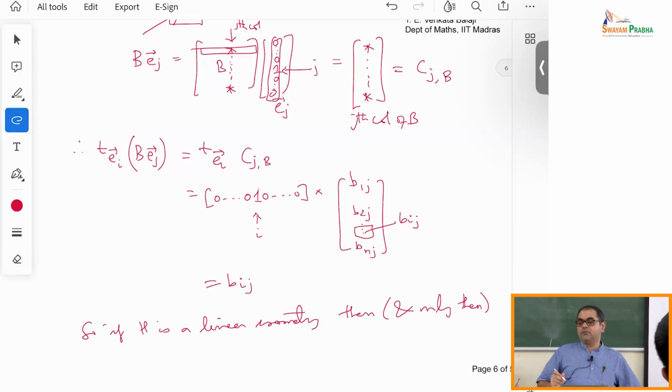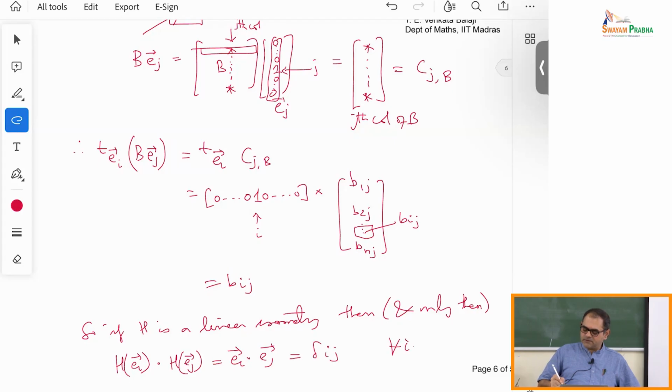What did we prove? H is a linear isometry if and only if it preserves the dot product for the Ei, Ej. So H Ei dot H Ej is equal to Ei dot Ej, is equal to delta ij for all i, j.